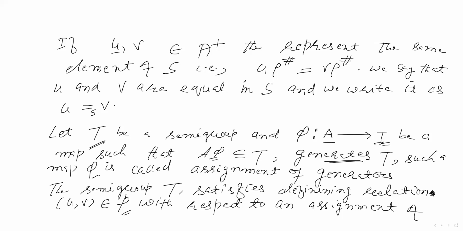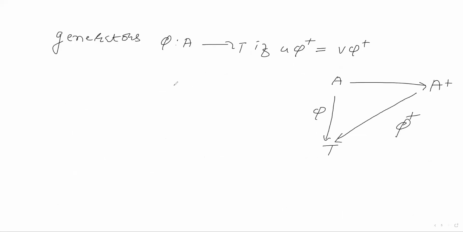You say that T satisfies the defining relation with respect to the assignment of generators phi if u phi plus is the same as v phi plus, meaning these images should be the same in T.